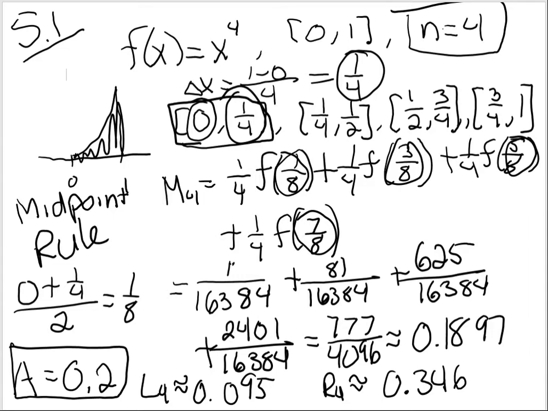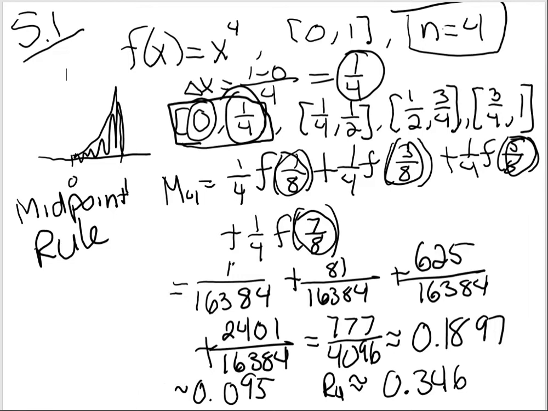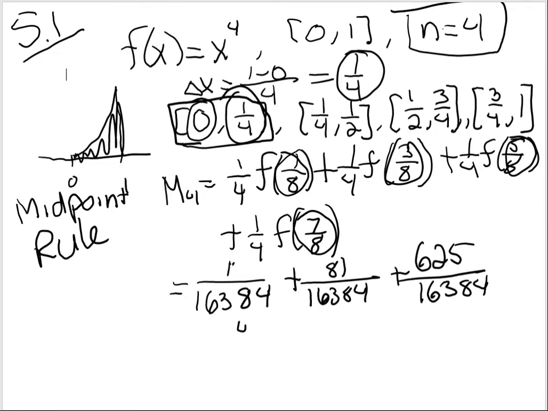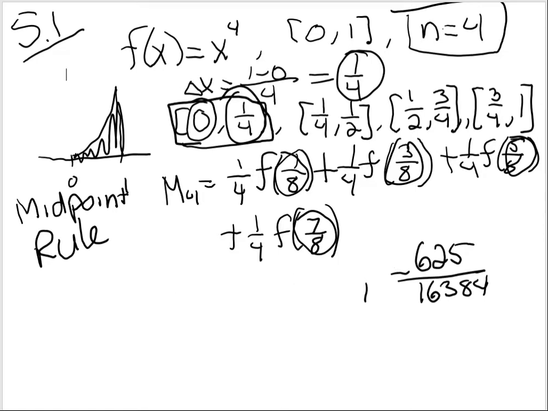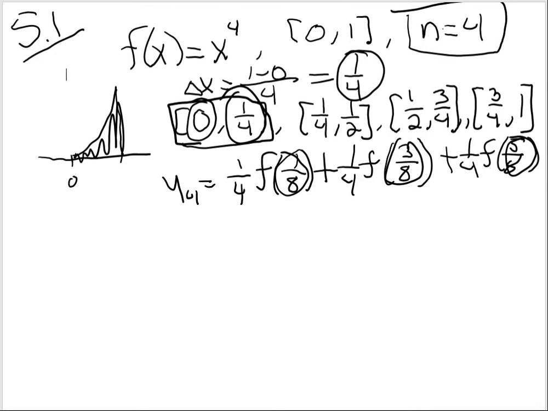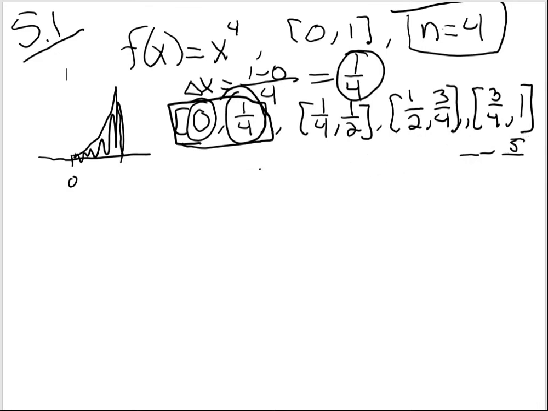Okay, so what about other approximation techniques? What other ways can we approximate our area? Well, there's one that we're going to talk about now. You have what's called a lower sum and an upper sum.